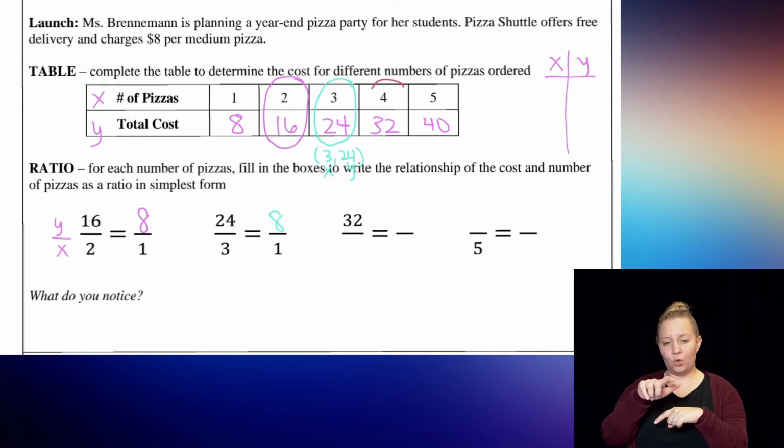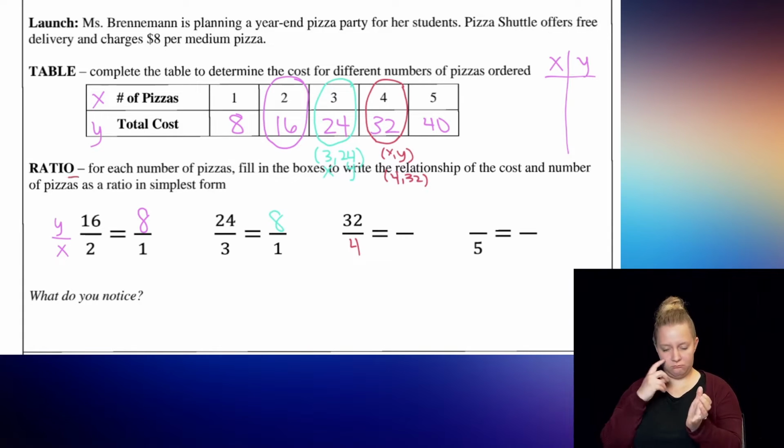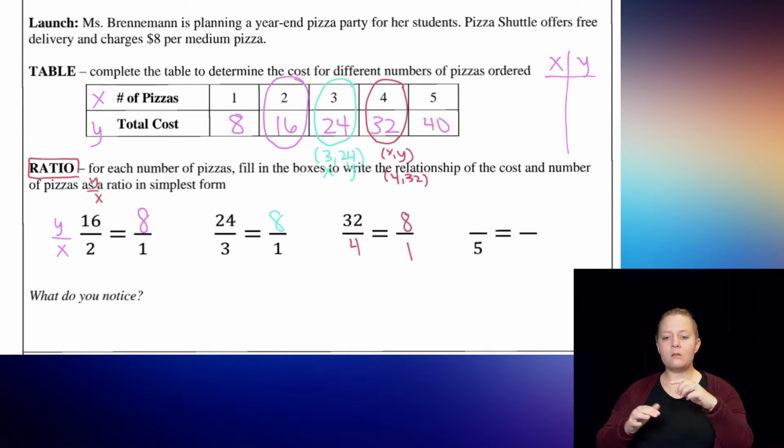Then I have 32, and that X value is 4, because X comma Y is 4 comma 32. But again, I'm noticing in my ratio that I'm taking Y divided by X every time. 32 divided by 4 does in fact still give us 8, and that's 8 over 1.